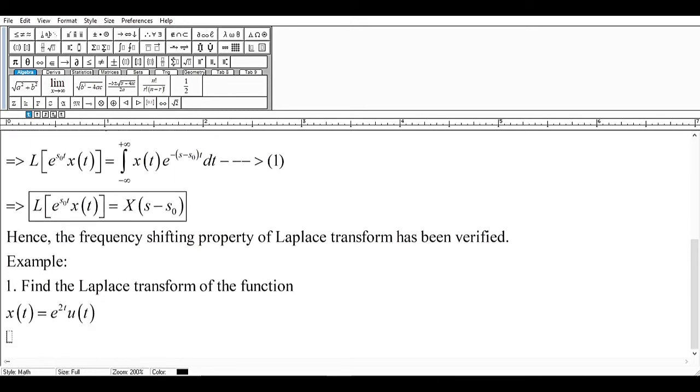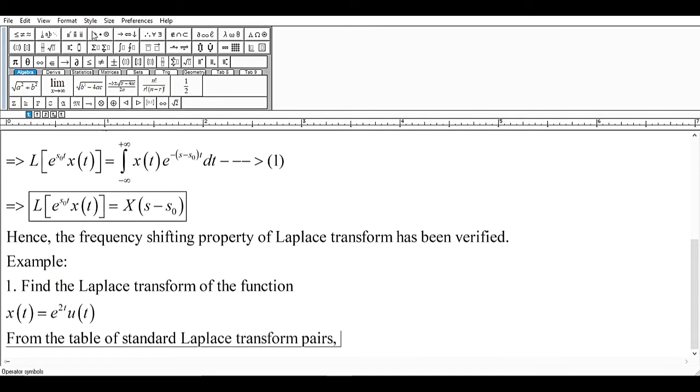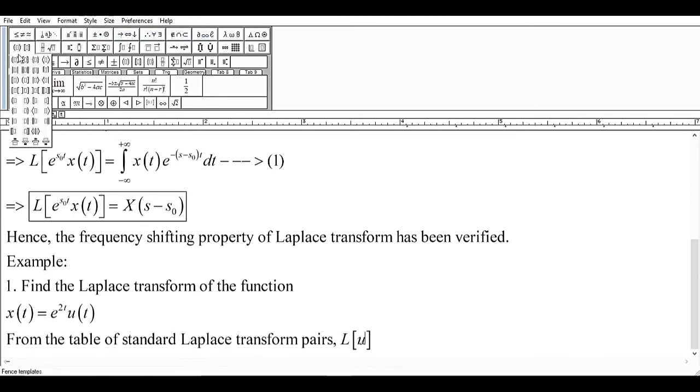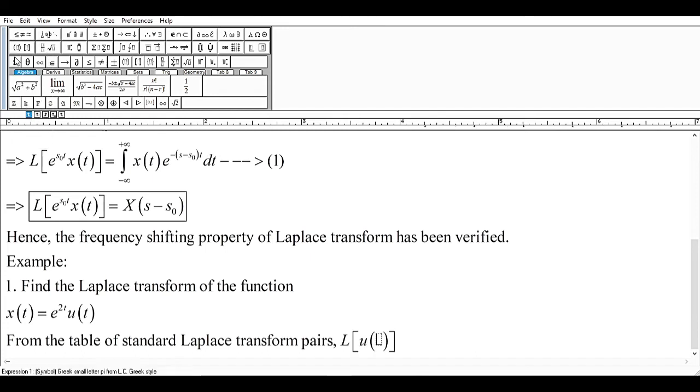Now, how can this problem be solved? We know that from the table of standard Laplace transform pairs, Laplace of the unit step function u(t) is nothing but 1 by s.